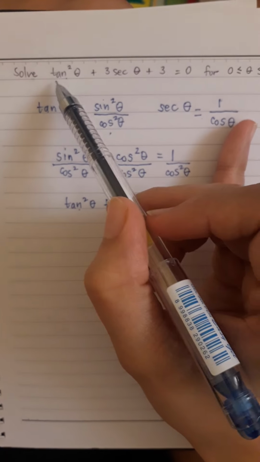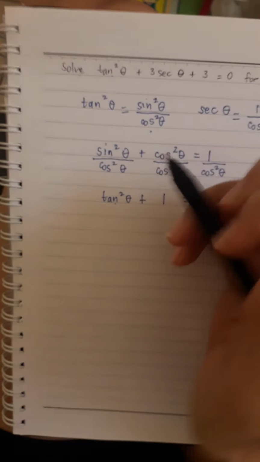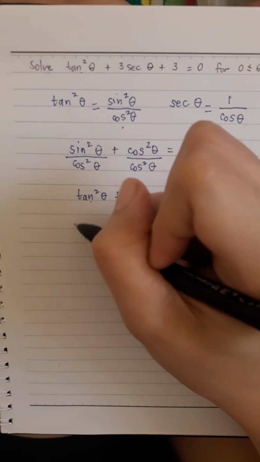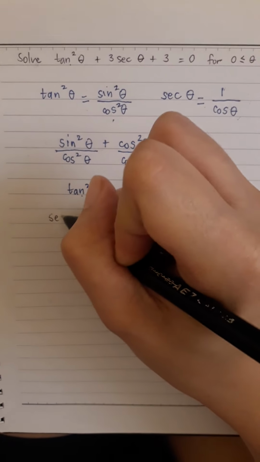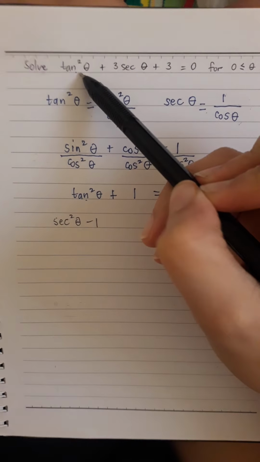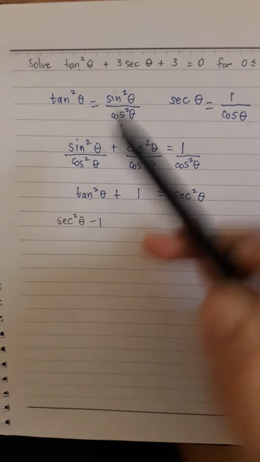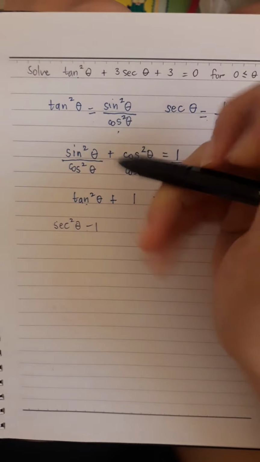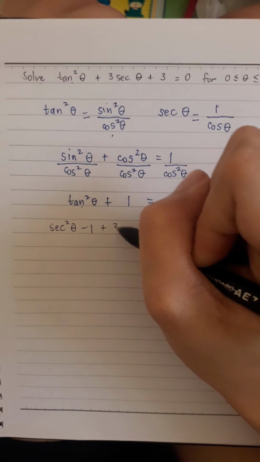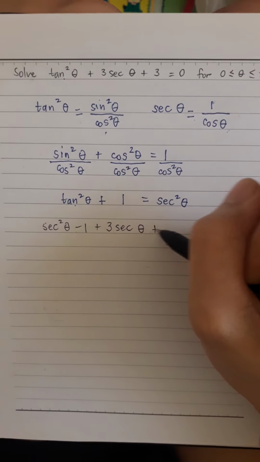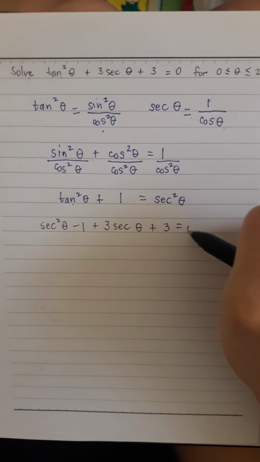Instead of tangent squared theta, I can now write it as secant squared theta minus 1. Where did I get this from? From this identity. Then, plus 3 times secant theta plus 3 equals to 0.